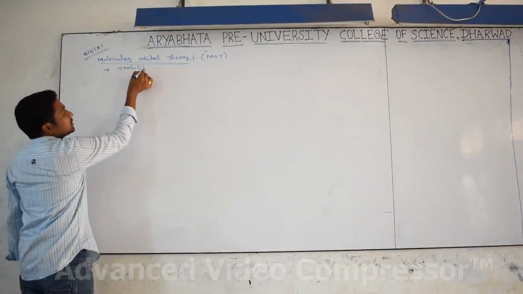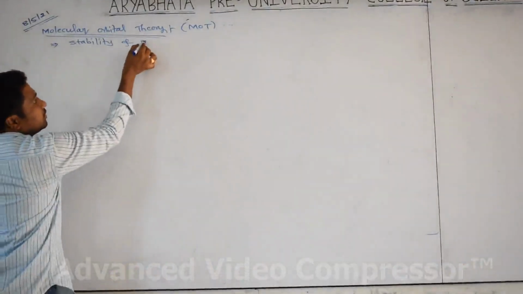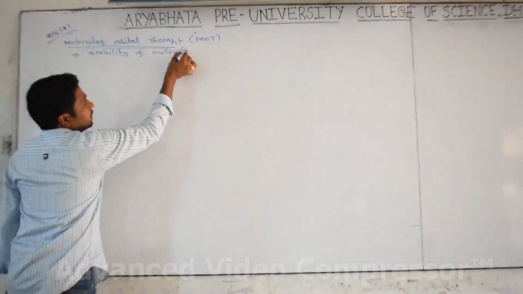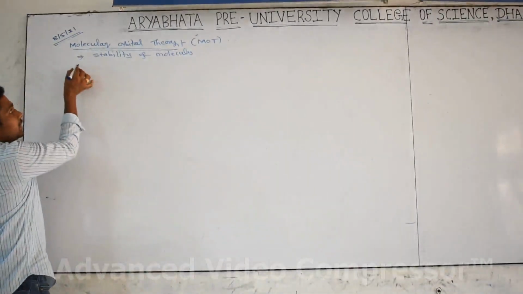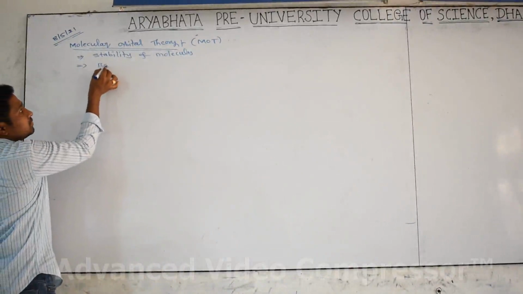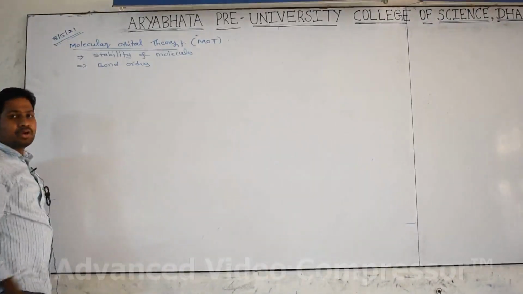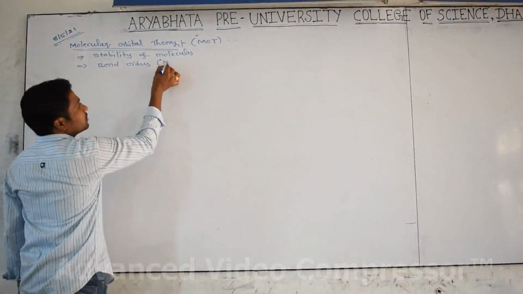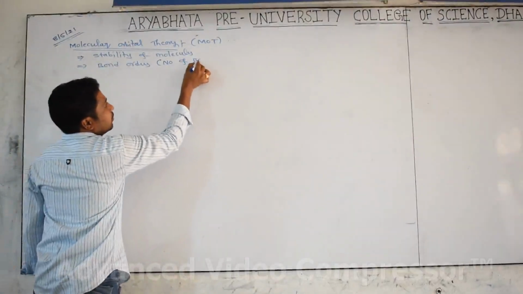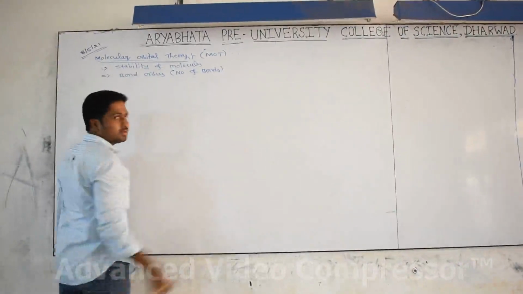It mainly explains the stability of the molecules, and it explains the bond orders. What is the meaning of bond order? Number of bonds between the atoms in a molecule.